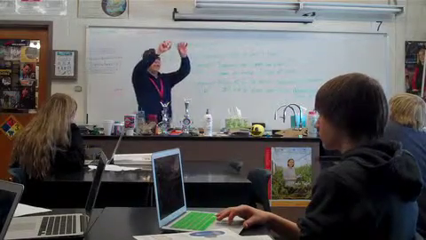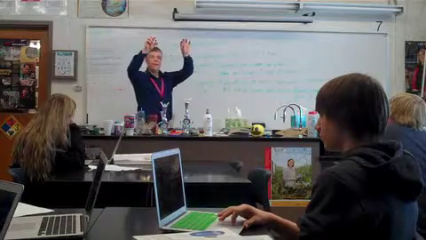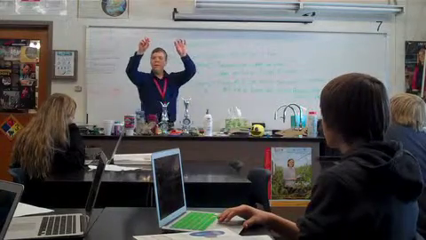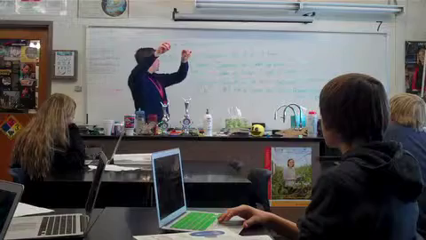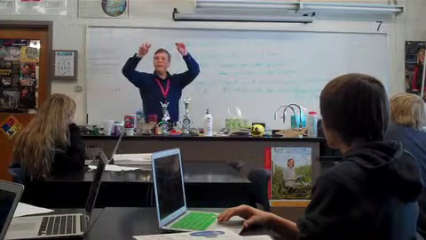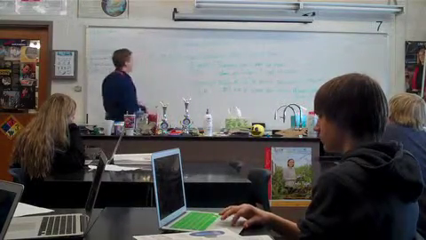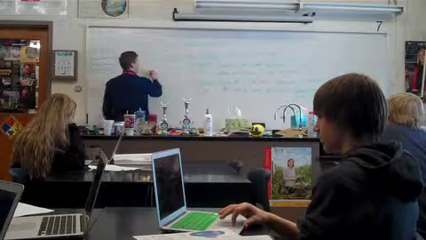Are they put together or are they separate? Do I have a mixture? Do I have a compound? Do I have a pure substance? Do I have an element? I do have a mixture. So 7 would classify as a mixture.